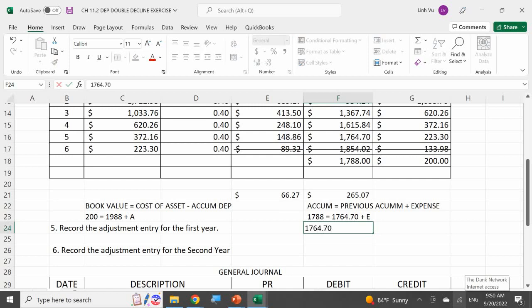How much do I need to add? That's what I'm looking for, is E, to get to 1788. I'm solving for what I need to add to 1764 to equal 1788.